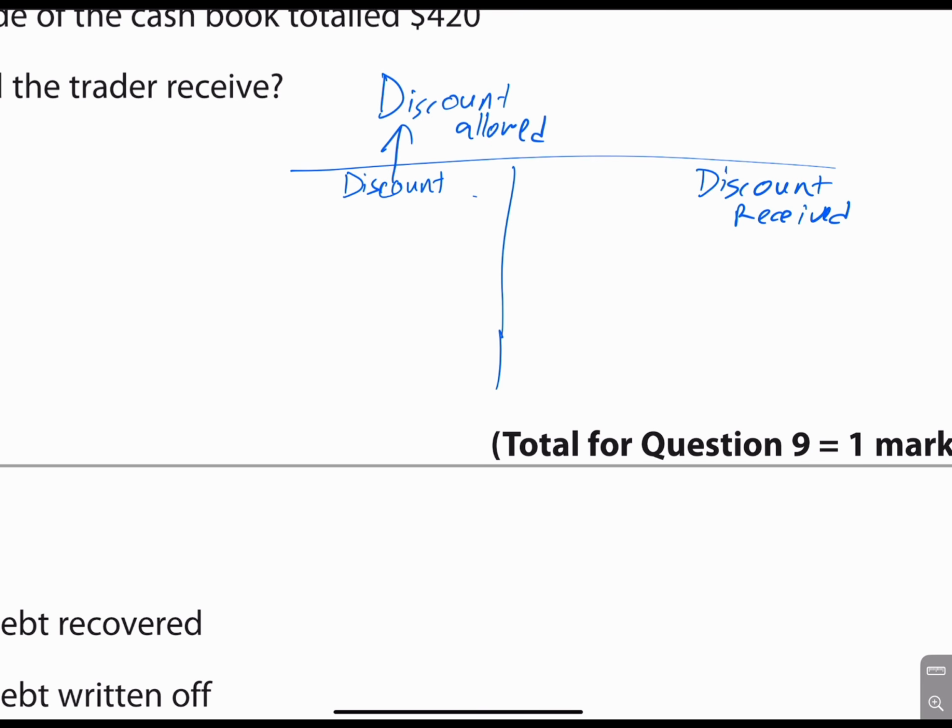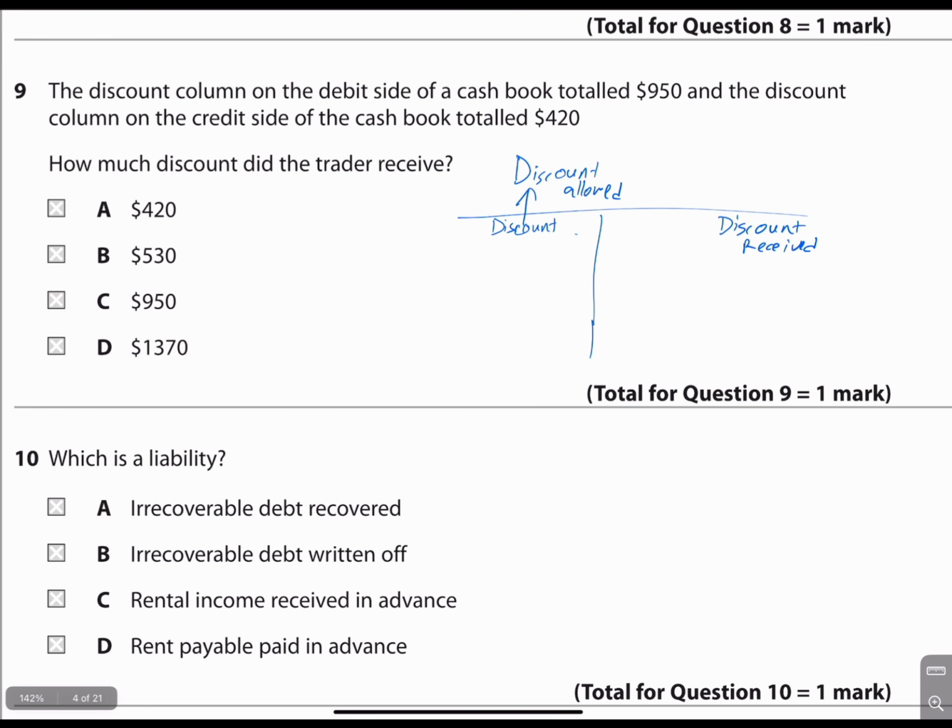So the debit side total of 950 means discount allowed was 950, and the credit side total of 420 means discount received was 420.